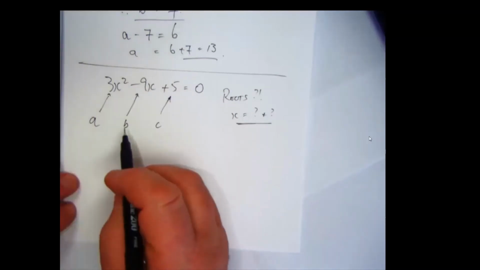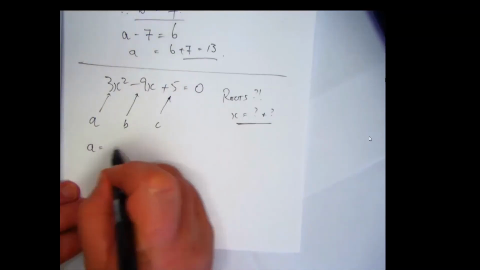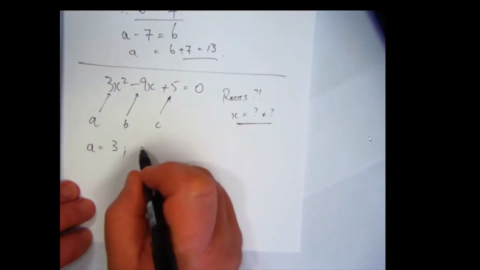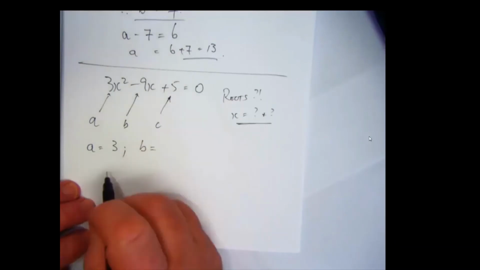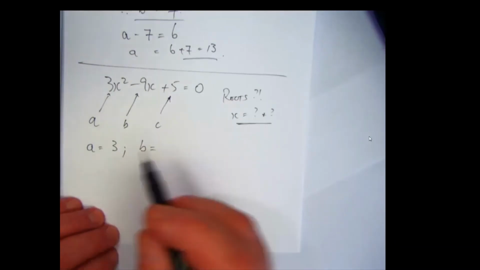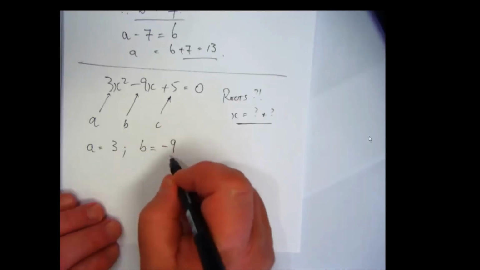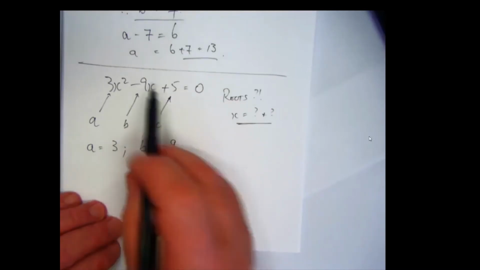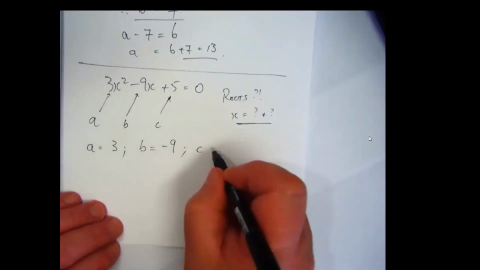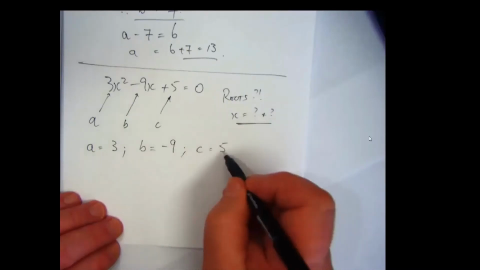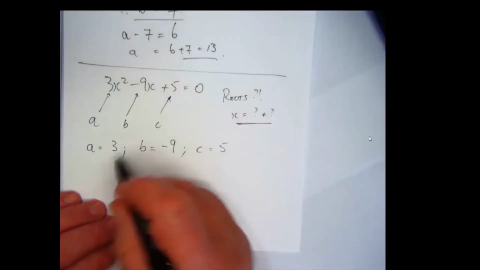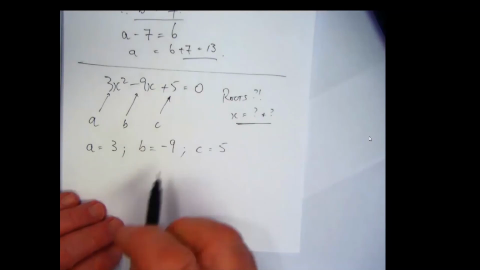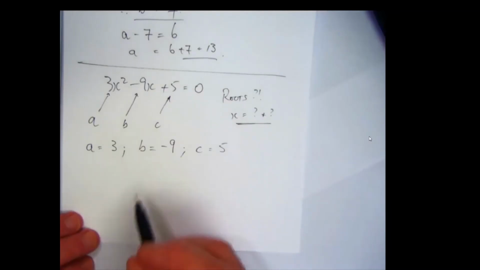We've got to take the sign with it. So a equals 3. What would you write down for b? Well, if you say minus 9, you're correct, because the minus sign affects the 9. And for c, it's going to be 5. Notice if we just have 5, we don't put plus 5, it's redundant, but we do need to put the minus in. So now we substitute in the formula. So here we go.